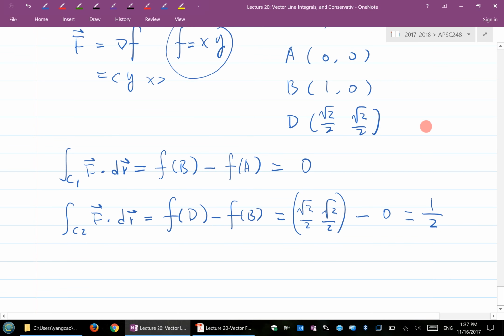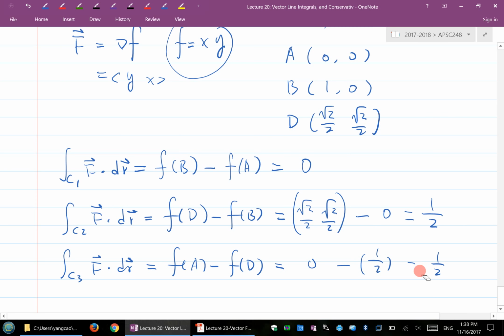And finally, for the line integral over C3, it's f of A minus f of D, which is 0 minus 1/2, so negative 1/2. So you add all three segments together, so obviously it's 0.